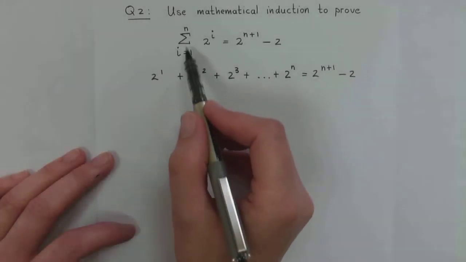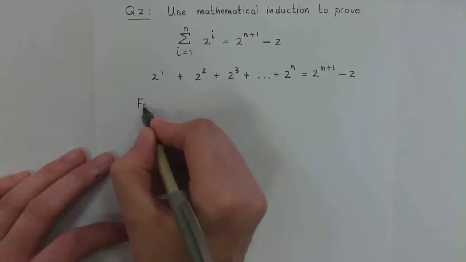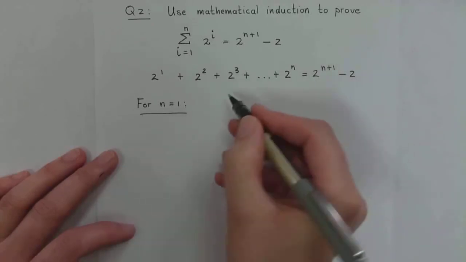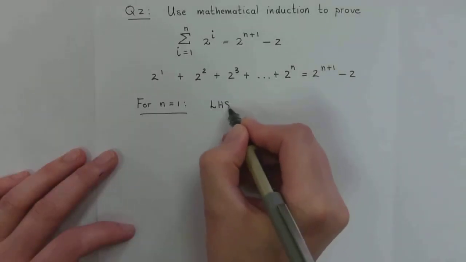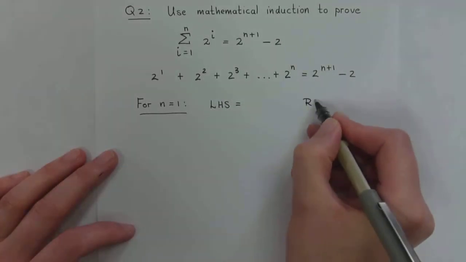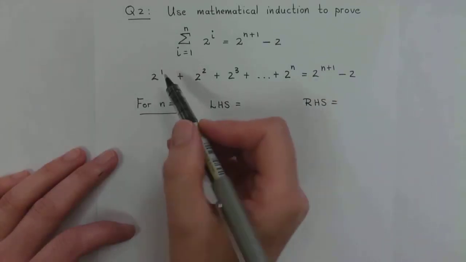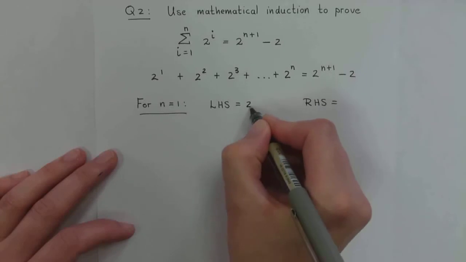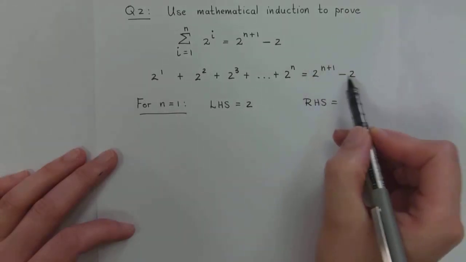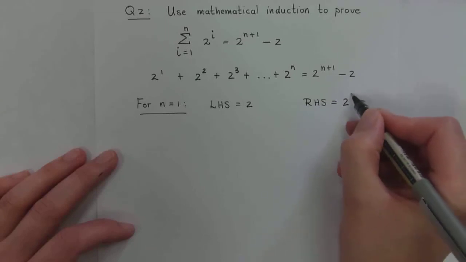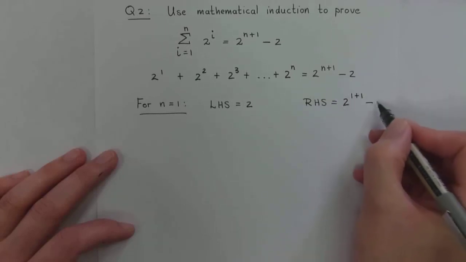And we're going to start with the first term. So we're going to say for n equal to 1, left-hand side, right-hand side, because please remember, we're trying to prove this is true. This is not an assumption. We need to prove this is true. So I just take the first term over there, which is equal to 2. And then into the sum formula over there, I sub 1 in. So I'm going to say it's 2 to the power of 1 plus 1 minus 2.